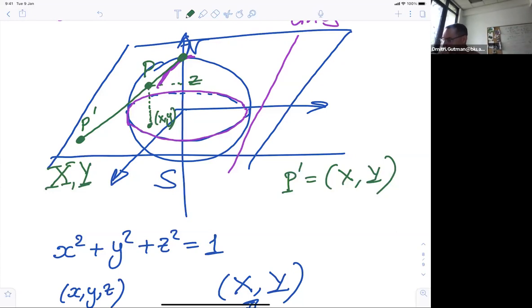So what would be the coordinates x and y?